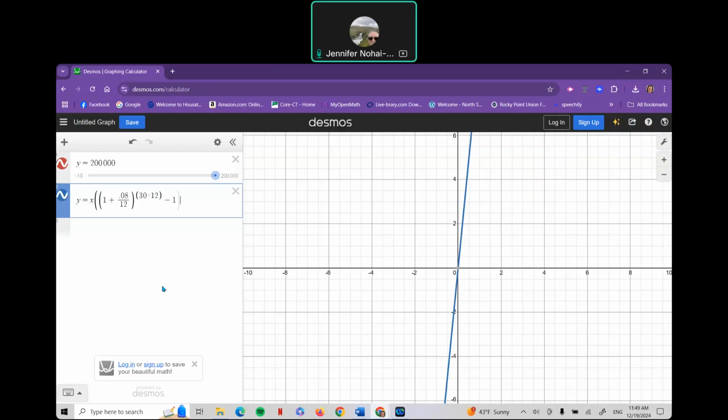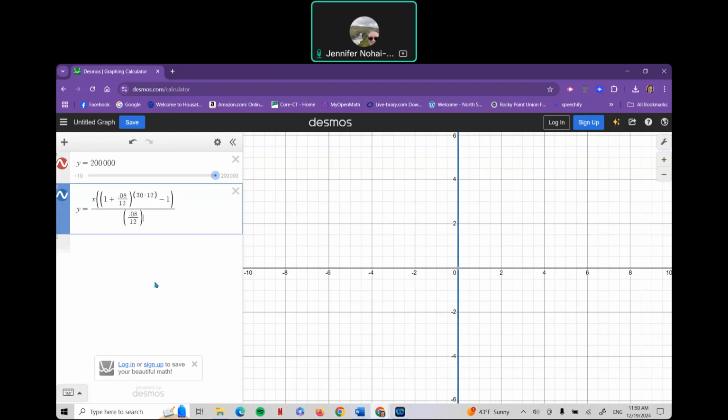We're going to end our parenthesis there, and then we want to divide by another set of parentheses, 0.08 divided by 12. Cursor to the right or right arrow, and then end our parentheses.